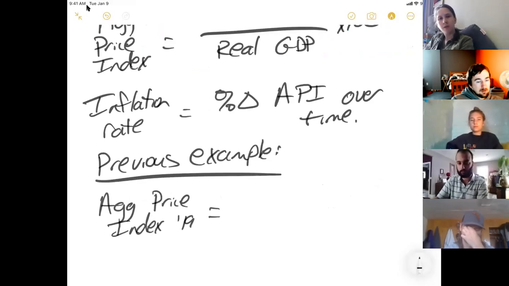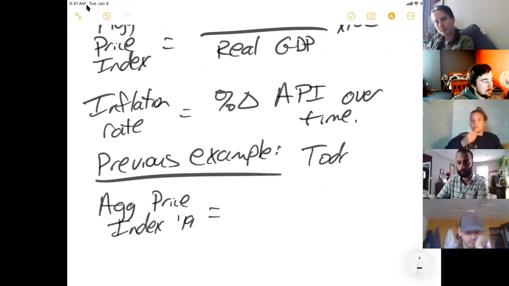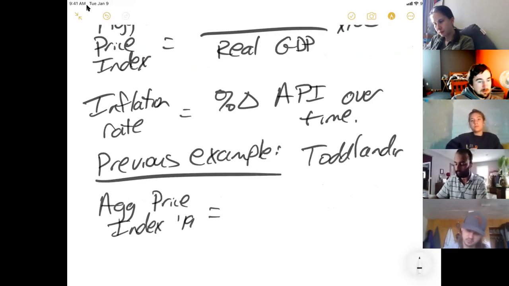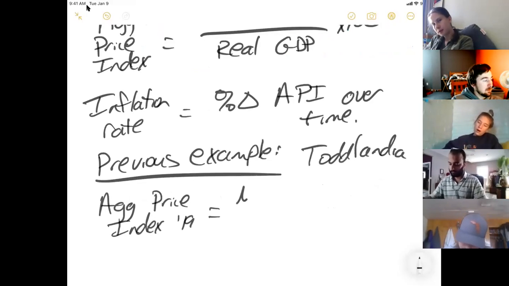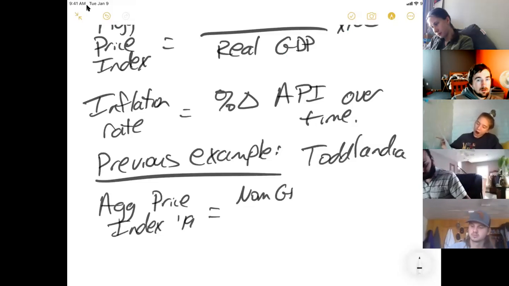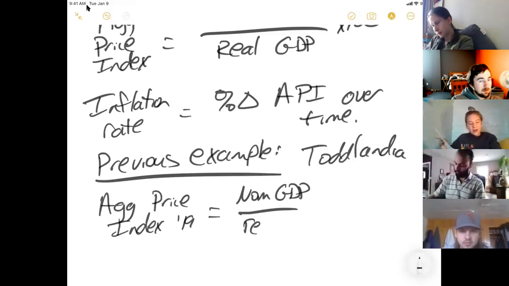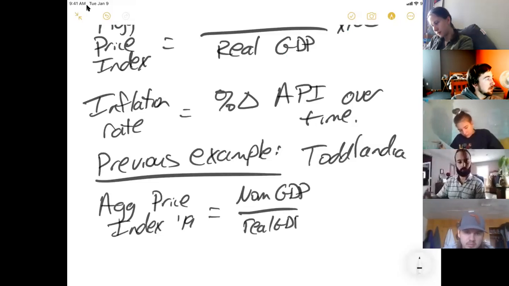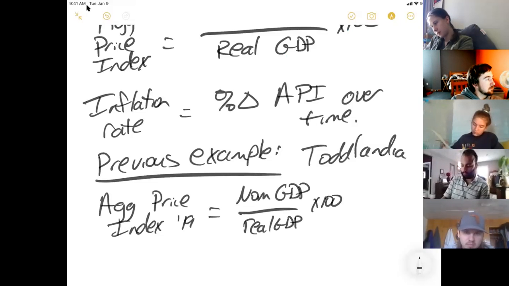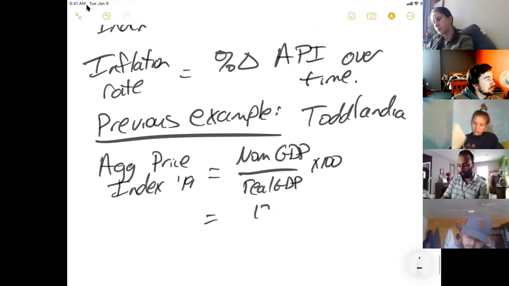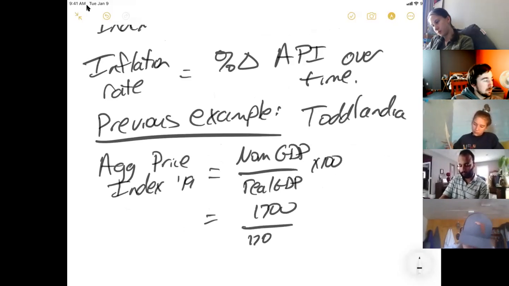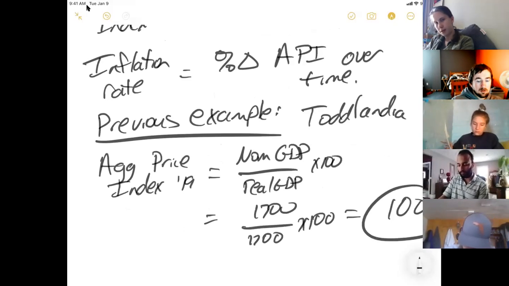What's the aggregate price index in 2019 in Toddlandia? Well, what was nominal GDP? $1,700. What was real GDP? Also 1,700. So what was the aggregate price index?